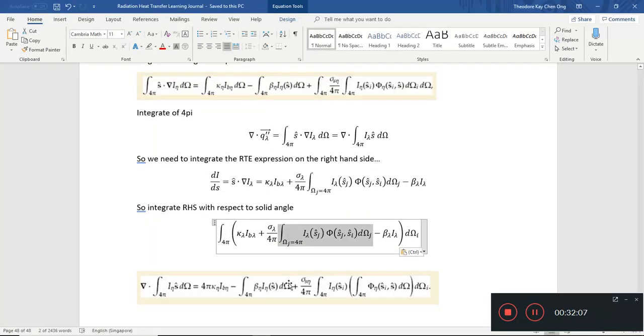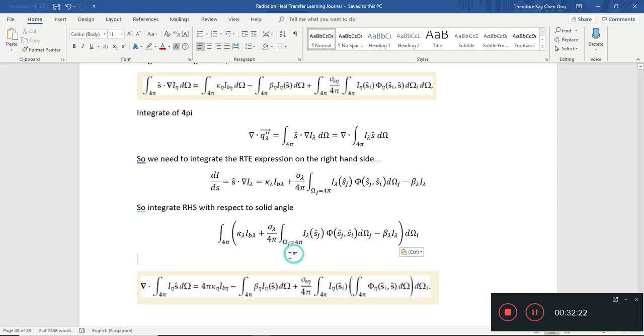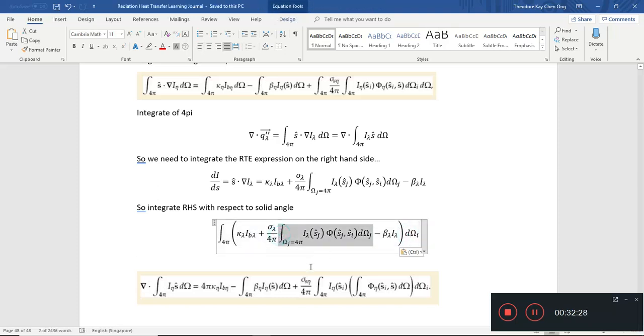So hopefully that clears up what we are doing here and why we are integrating with respect to d omega I and then d omega j. Why are there two solid angle integrations? One is for the divergence, one is to account for the in-scattering term.